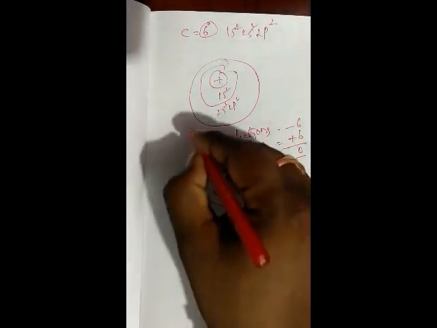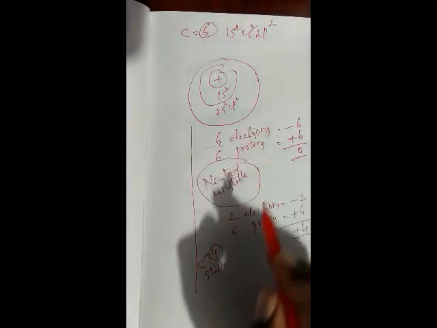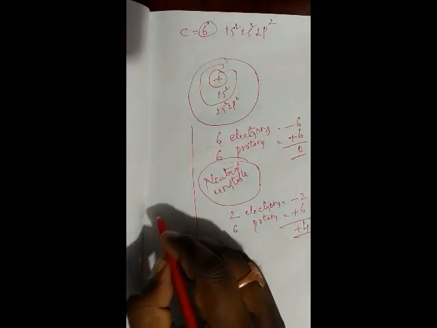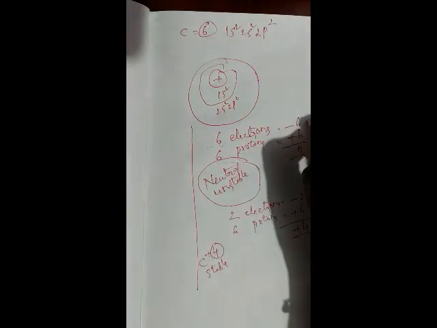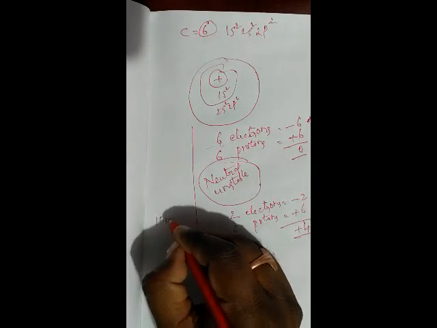Now see here, in the same case, 6 is there. If it wants 10, it completely gains 4 electrons. After gaining 4 electrons, in that carbon the total is 6 plus 4, which means 10 electrons are present.